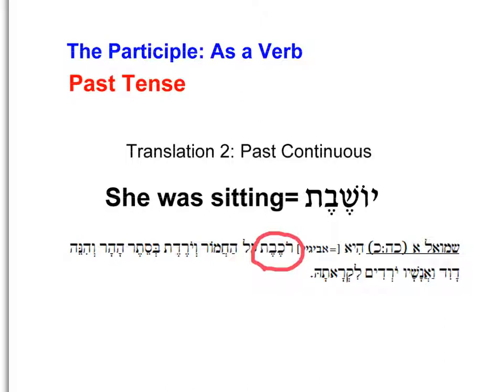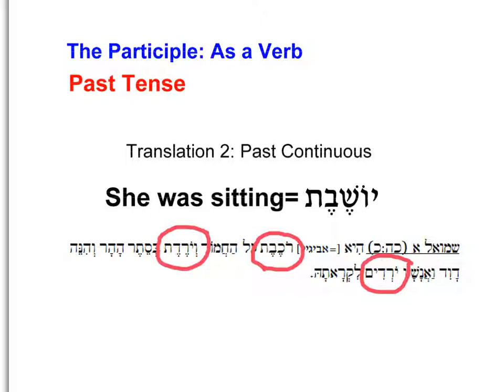She rochevet al hachamor, ve yoredet, beseter hahar. Yoredet rhymes with shomeret as well, so it's a participle. V'hinei David v'anashav, yordim l'kratah. Okay, yordim rhymes with shomrim. It's a participle. I have my O in the middle. I have my im suffix, so it's a participle. So I have three participles.